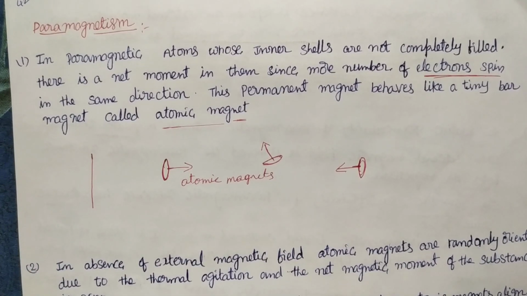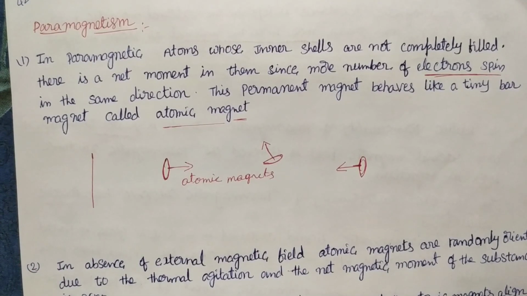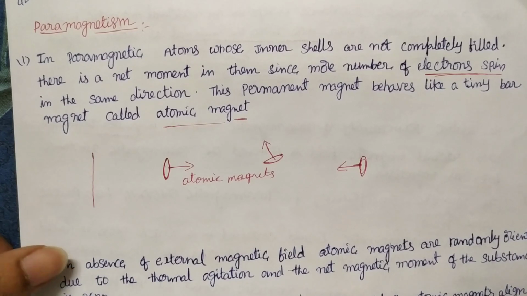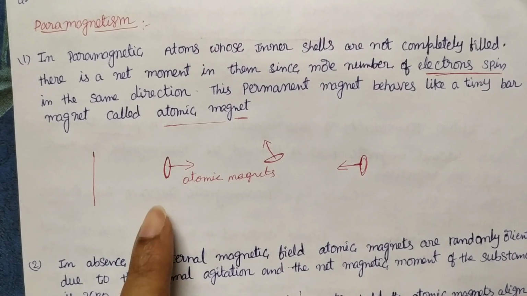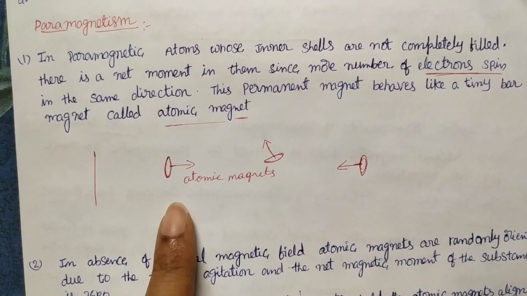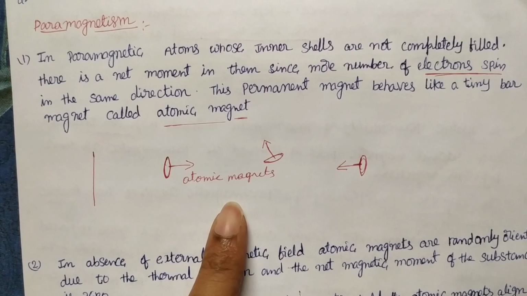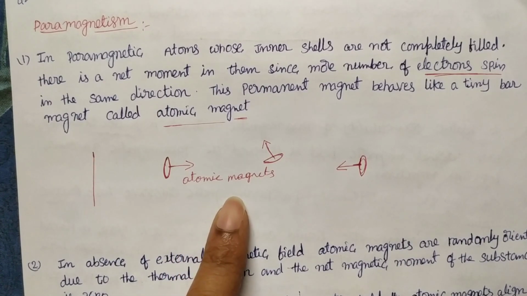The second type of material is paramagnetic material. What does paramagnetic material mean? In diamagnetic material, electrons always exist in pairs, that's why the net magnetic moment becomes zero. But here, electrons in the outermost orbit are alone, single electrons. They have some resultant magnetic moment.